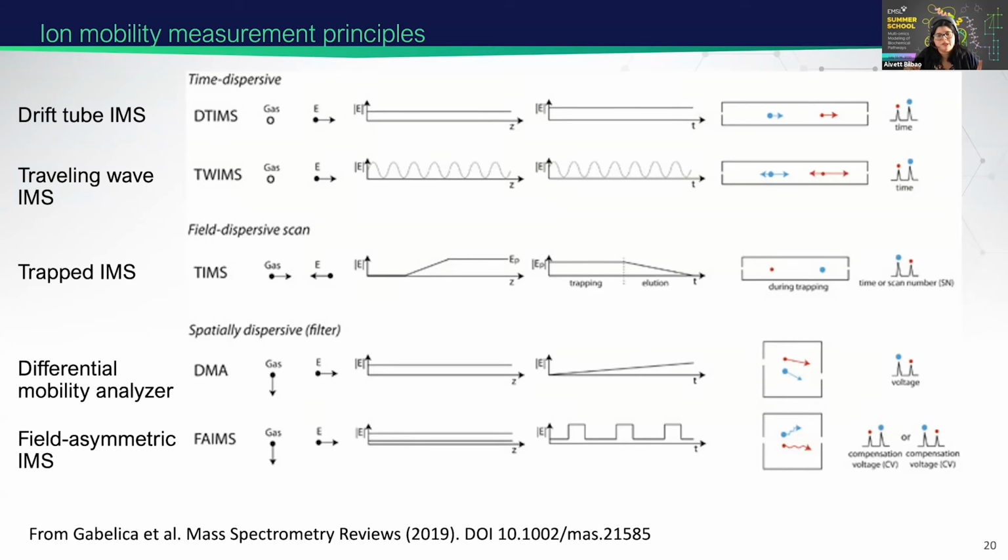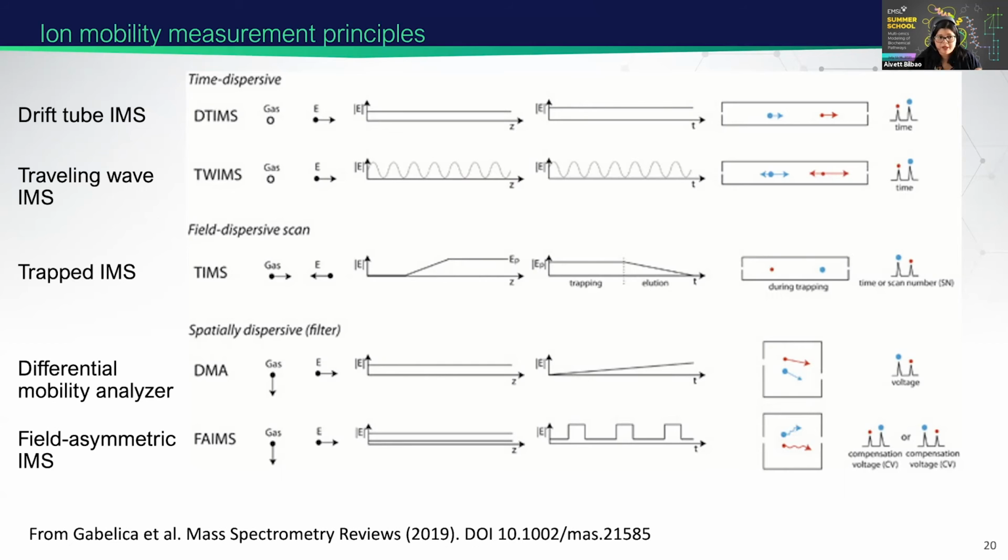The drift tube IMS is a technology that was developed by Dick Smith's group here at PNNL and later commercialized by Agilent Technologies. Then we have traveling wave ion mobility, where the electric field is applied in a waveform.